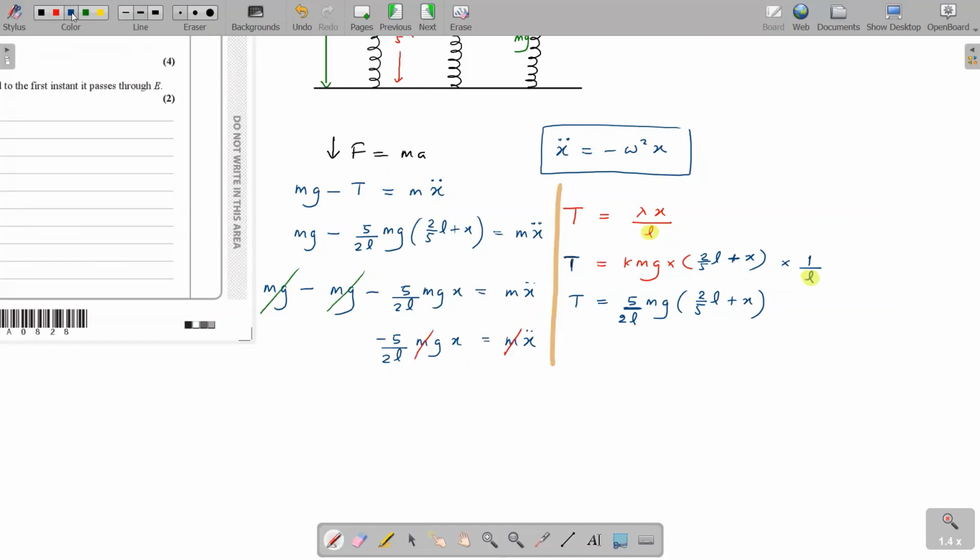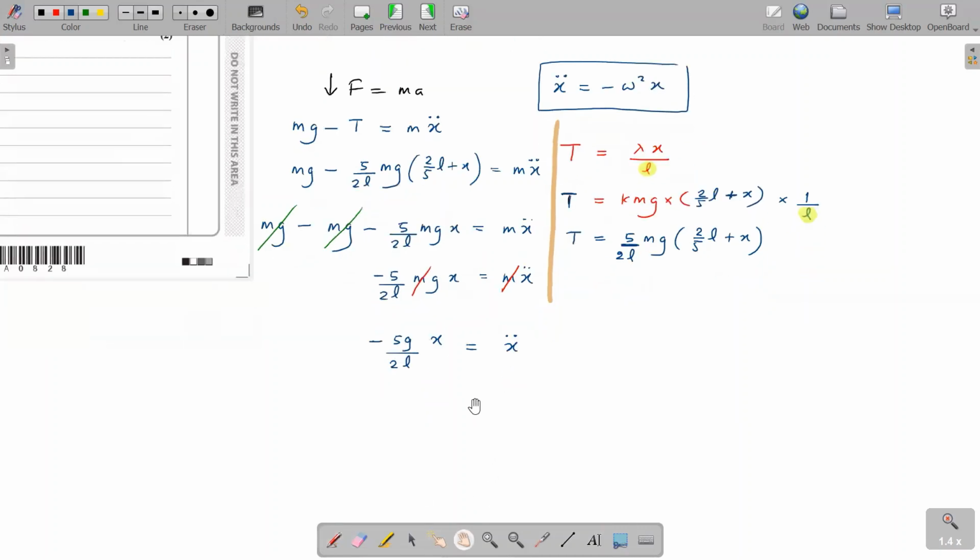And then you get the equation for x double dot. Do not go to replace g as 9.8 by any chance. So keep it in this format. x double dot equals minus 5g over 2L times x. So can you see that we have got the equation? x double dot equals minus omega square x. So you can see here the omega square is 5g over 2L.